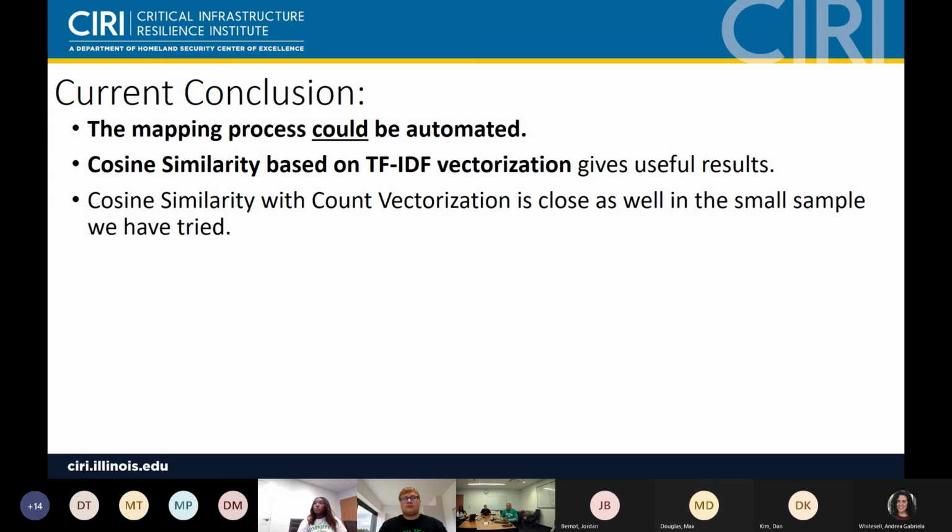We tried count vectorization and similarity sequence just to make sure that we are not getting results just by chance, right? So we ran on 5 to 8 different controls and then manually evaluated the results as well, to ensure that what we are seeing from the algorithm is actually what we should be getting.